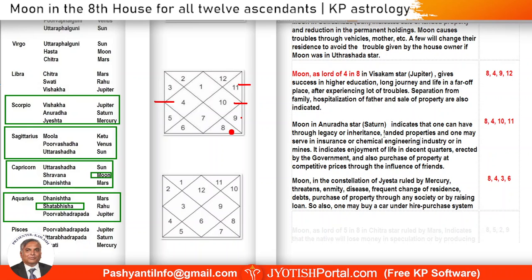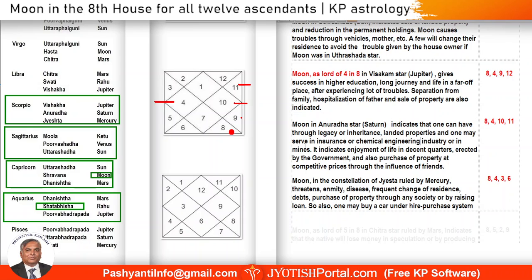But why I wanted to draw your attention toward this is, see, defining the nature of profession in Krishnamurti Paddhati is not easy, and for that matter, in any methodology, be it traditional Parashari or Jaimini, it's not easy. But at least within Krishnamurti Paddhati, you can point out a certain span.